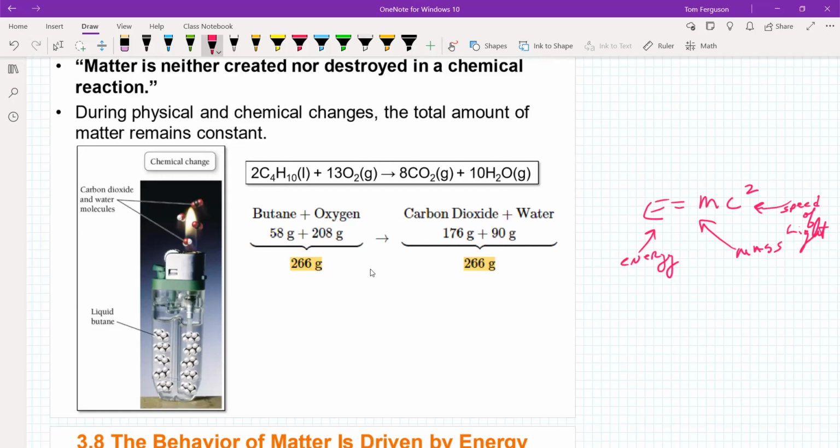So 300 million squared is a big number. So anytime you lose any mass, when it goes to energy, there's a huge amount of energy. So conservation of mass means that we're not going to lose any mass on purpose anyway, except nuclear chemistry. Okay, so conservation of mass. What we start with, we end with.